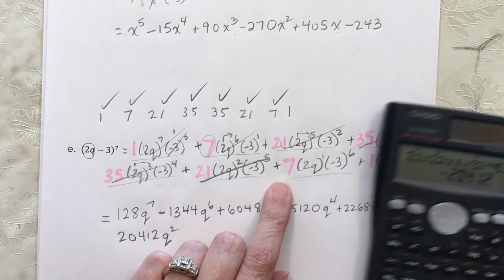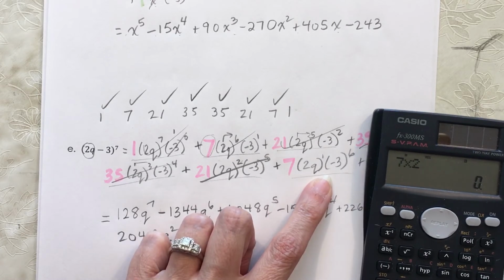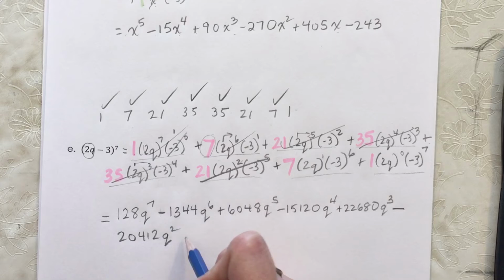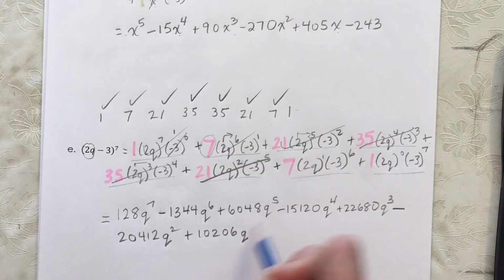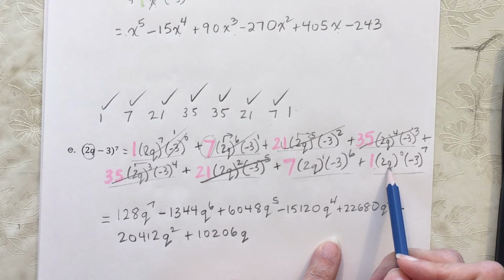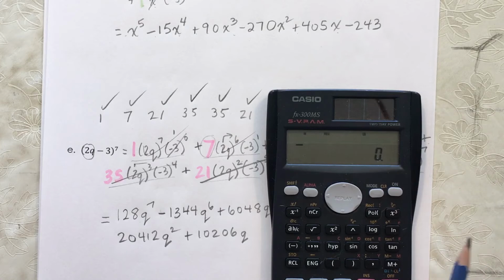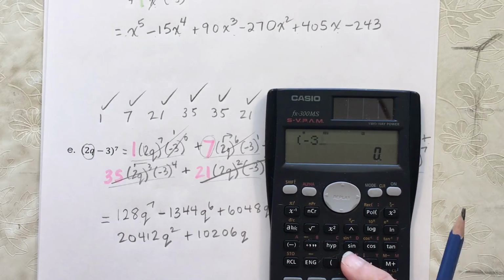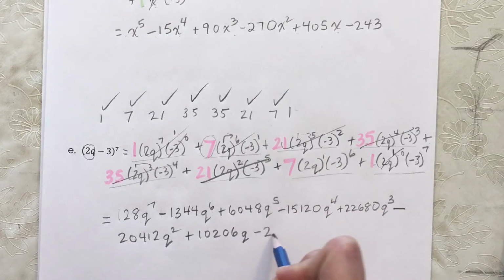Second last term, so my coefficient is going to be 7 times 2 to the 1, which is just 2, times negative 3 in brackets to the power of 6, which is 10,206, q to the 1, and then 2 to the 0 is 1, so 1 times negative 3 to the 7th, negative 3 to the power of 7 is negative 2,187.